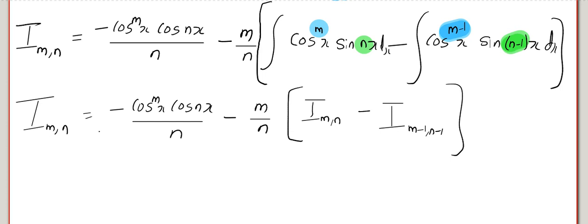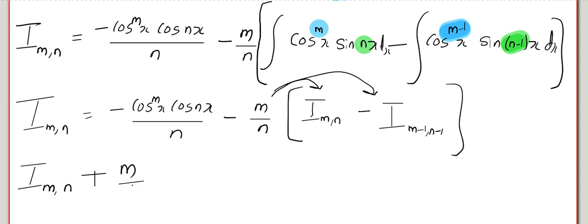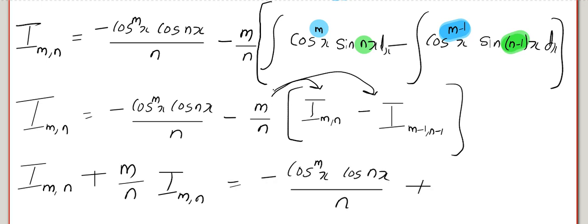Well, it looks like a reduction formula, but I am not going to call this a reduction formula because the bigger number should be completely in terms of the smaller number. And I know it's not a big deal. You can distribute this and take I(m, n) to the left side, and on the right side I'm skipping steps, plus, because when you distribute you'll get m by n.